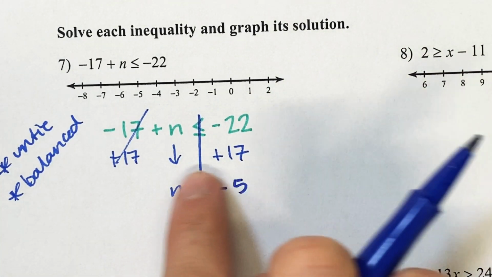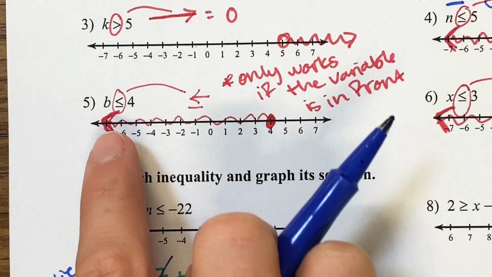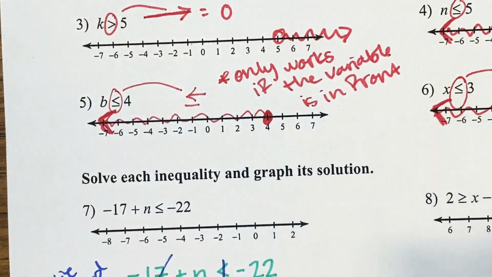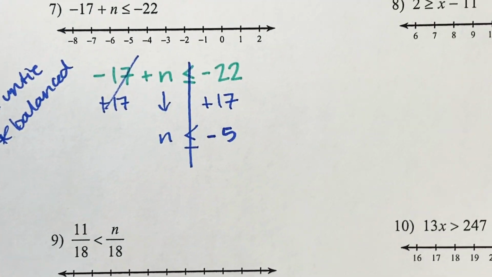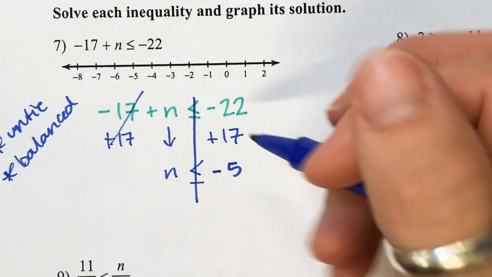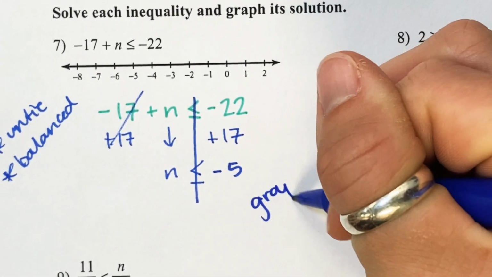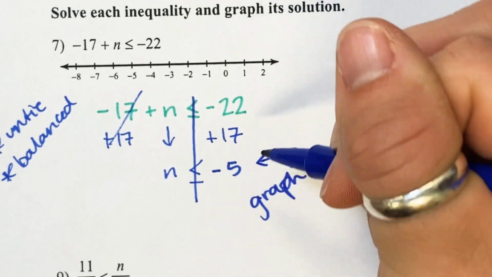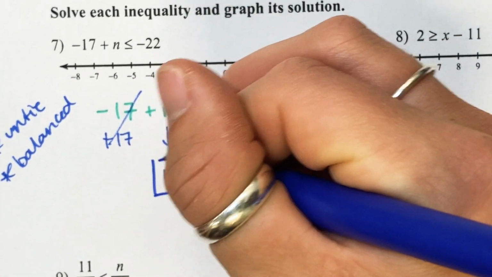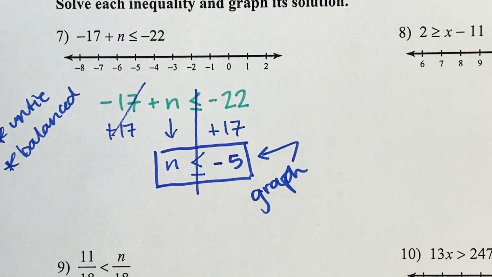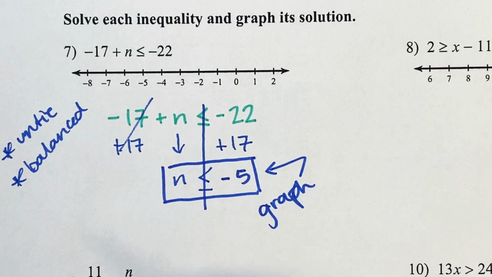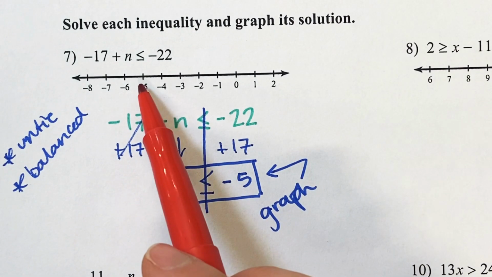Okay, so now this little piece right here looks exactly like these little guys. Remember, the variable is all by itself. Okay, so now we can go ahead and graph this. Go ahead and graph that because that's our answer. N is less than or equal to -5. Okay, so we're going to want to put our point at -5, excuse me.